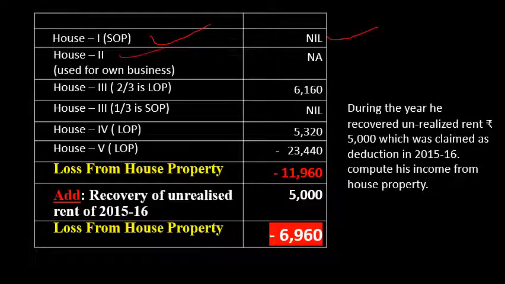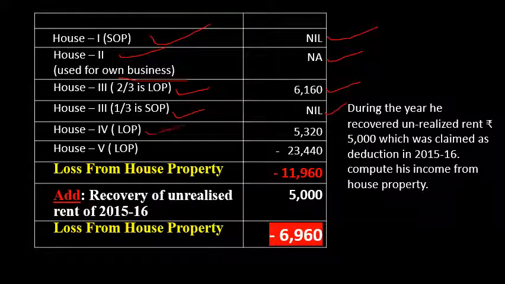Second house used by SSC for own business, so therefore not applicable under income from house property. Third house, it has two parts. First part, 2/3 part, which is let out property, and there SSC got the income of rupees 6,160. And in case of self-occupied property, no income, it's nil.